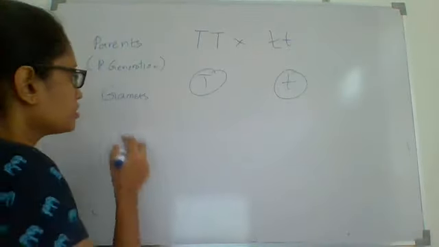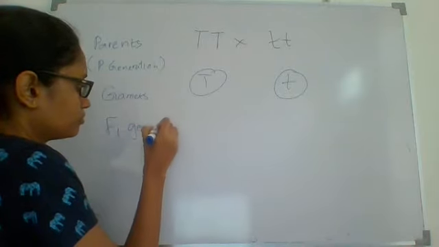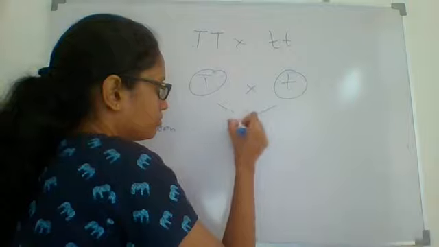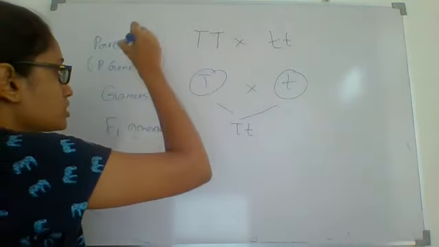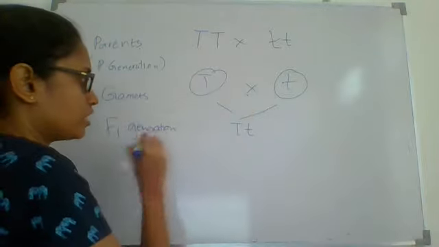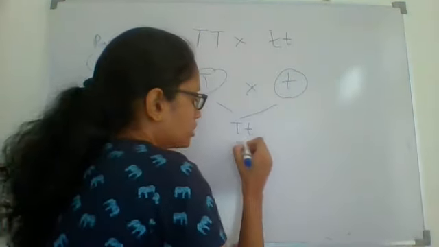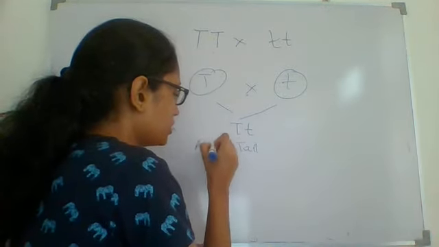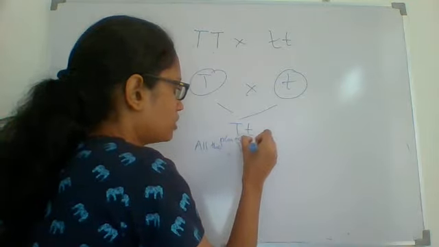Then you get the F1 generation when you cross pollinate. They will allocate marks for this, and this. So you can tell that all the plants are tall.